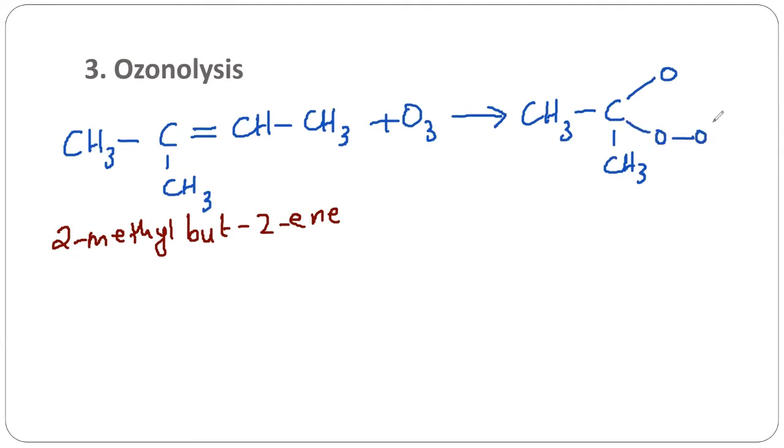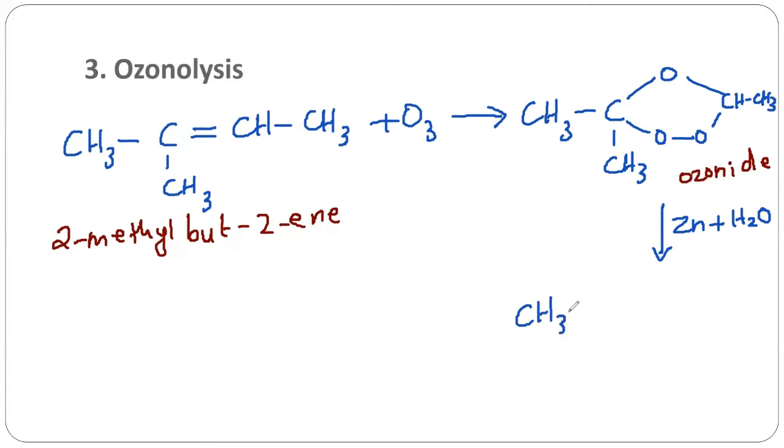The ozone adds in the middle, CH, CH3. This is the ozonide. This is then treated with zinc and water. And you end up with CH3, C double bond O, CH3.